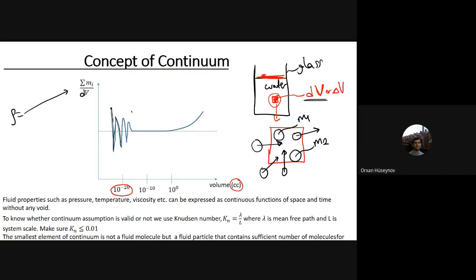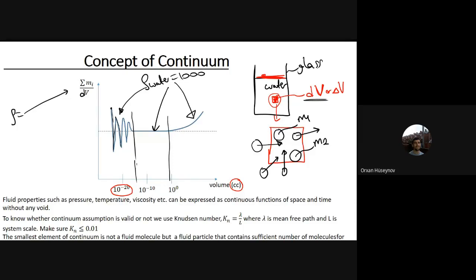But after some point, say that this volume, beyond that volume, you have a constant amount of density. In other words, when we say that the density of water is 1000, this is the place that we are talking about. If you go into smaller dimensions, you will not have any fixed amount of density due to the molecular view.